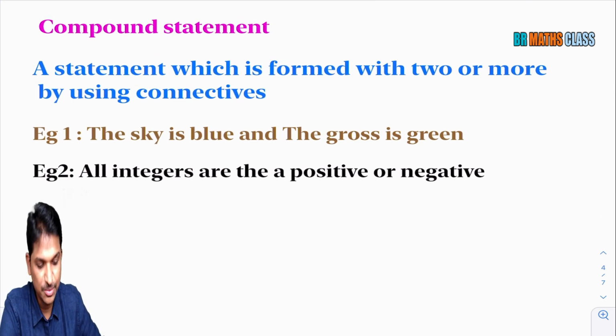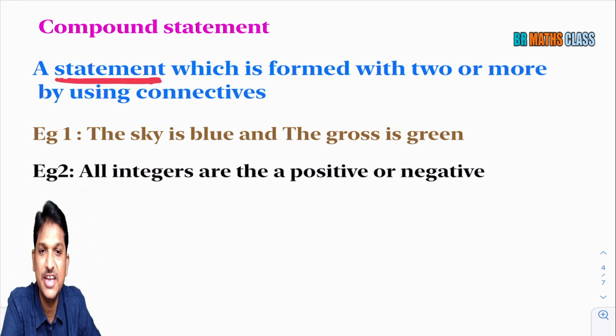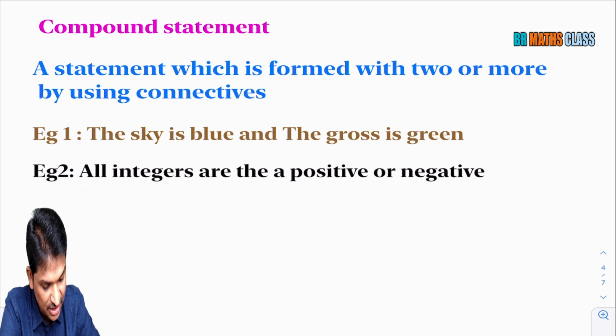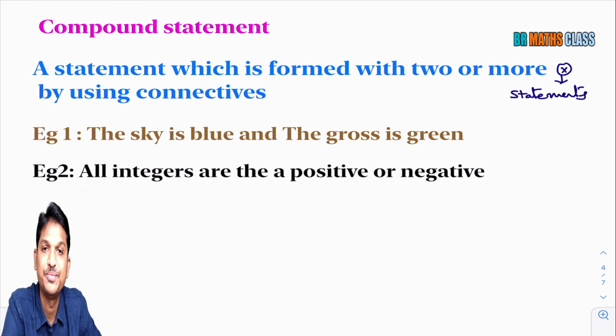What is a compound statement? A compound statement is also a statement. A statement which is formed with 2 or more statements. I missed that here, so I'll write it: 2 or more statements by using connectives.